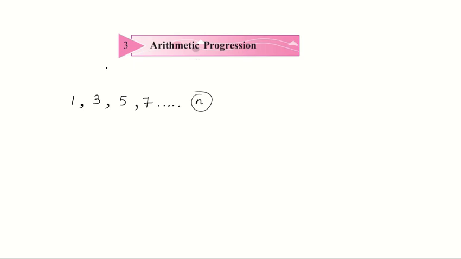Like if you see these two numbers, if you add 1 and 2, I will get 3. In the same way, if you add 2 with this 3, that is 2 plus 3, we will get 5. In the same way, if we keep on adding 2, we will get the next number.